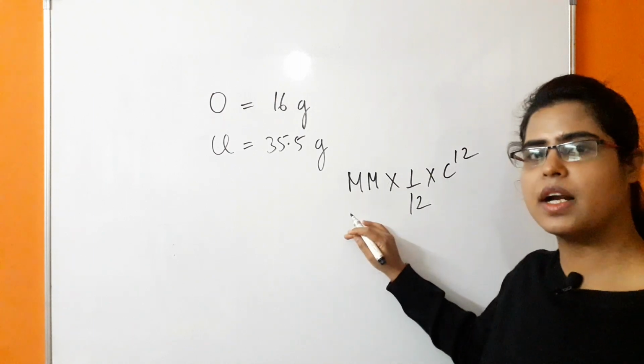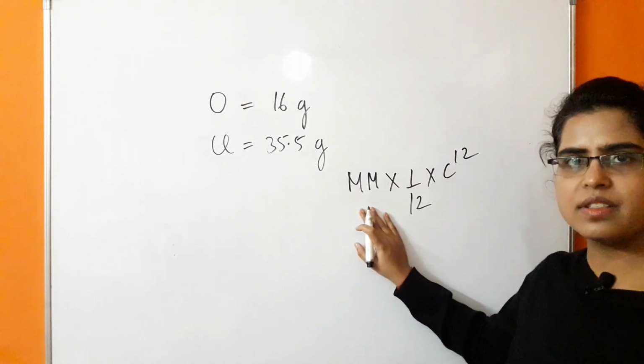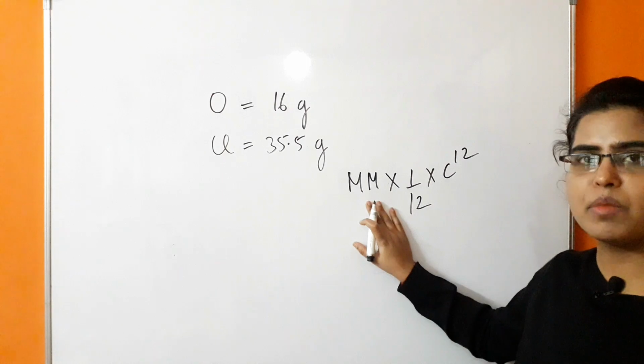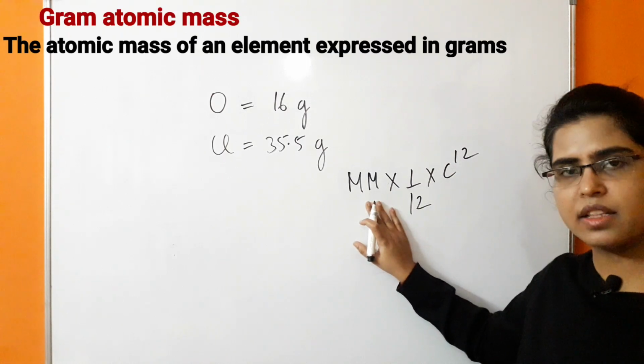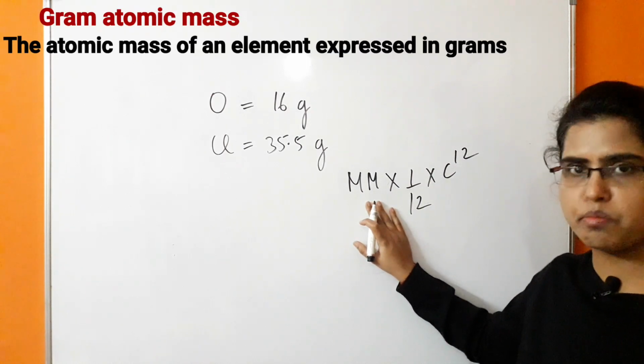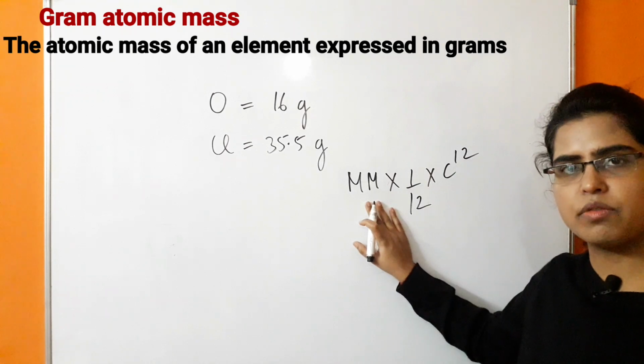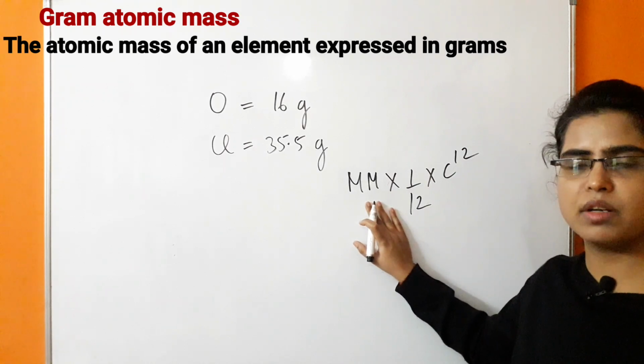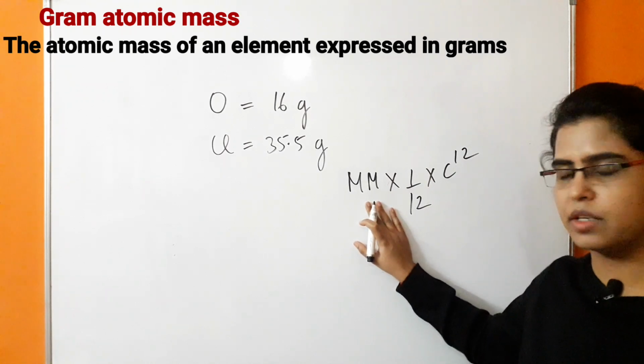It is similar to atomic mass. The only difference is that molecular mass is used for determining the mass of molecules or compounds, whereas atomic mass is used for determining the mass of a single atom.